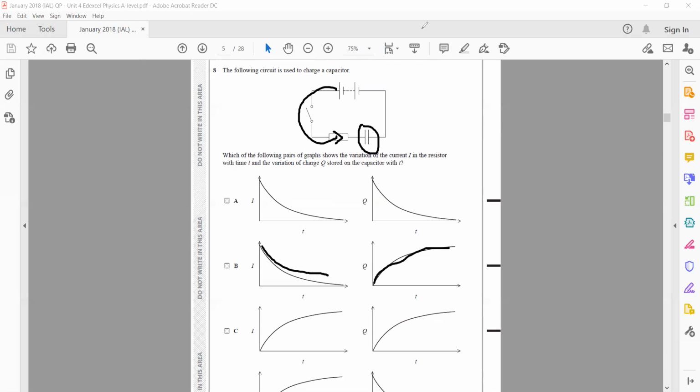Current is a flow of the charge. As there is more charge on the capacitor, it blocks the flow of the charges. That's why the charge stored on the capacitor increases, whereas the movement of the charge through the resistor decreases, so the current will decrease. So B was the right answer.